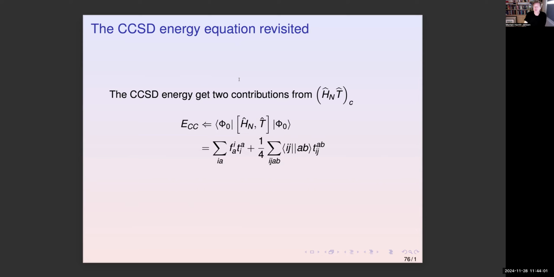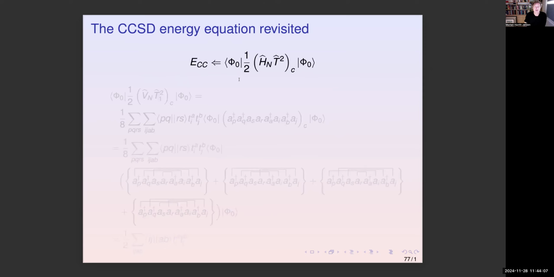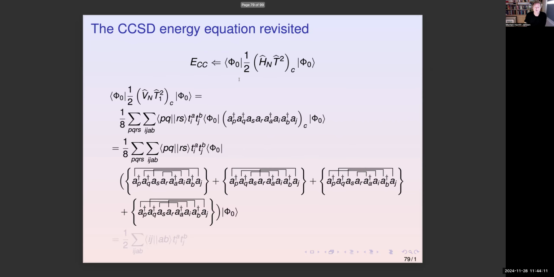And then we can use these nested commutators to find the same expressions which we did before. For the energy equations, if we labor through it, we will also have to be a little bit careful here because we have an additional term which comes from this one, which we left out, which gives us this term here.